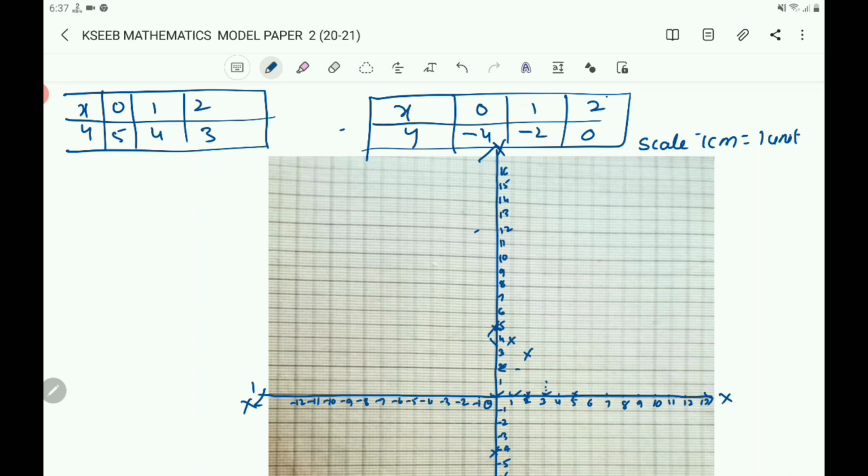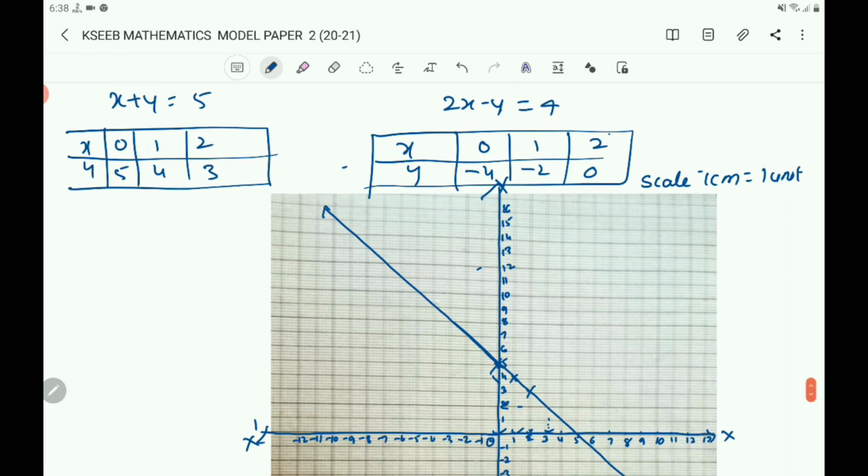You got 3 points. And let us join the points here. You got the straight line.